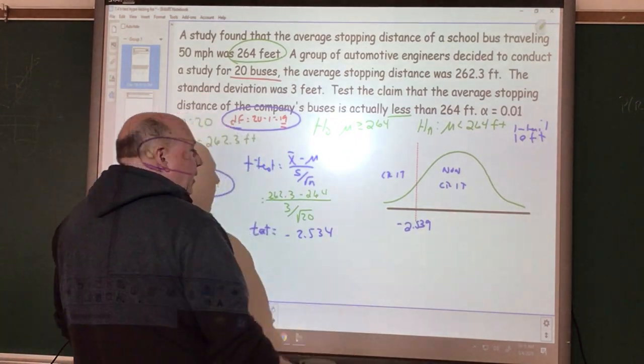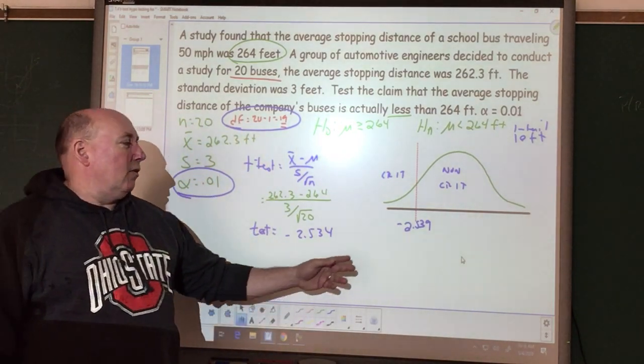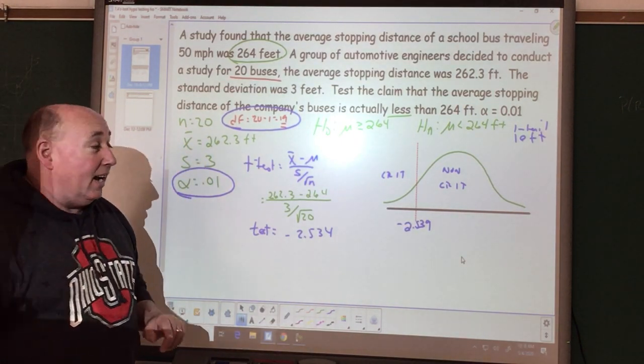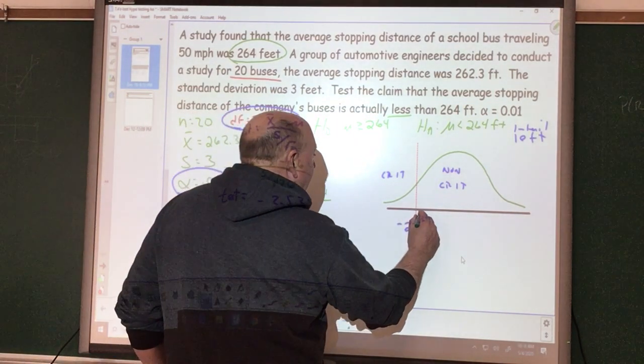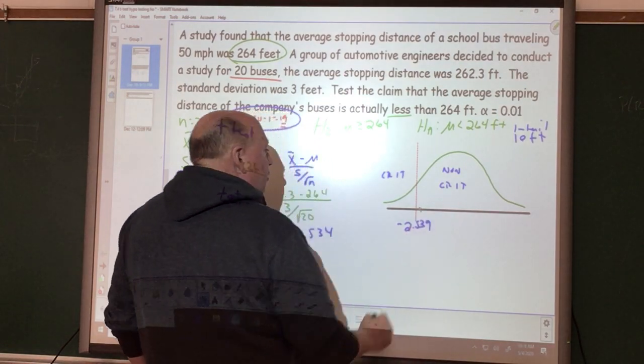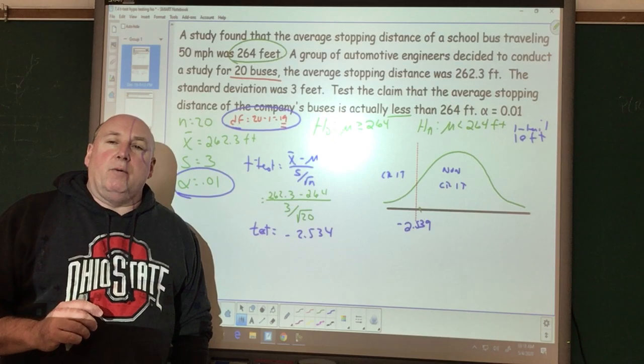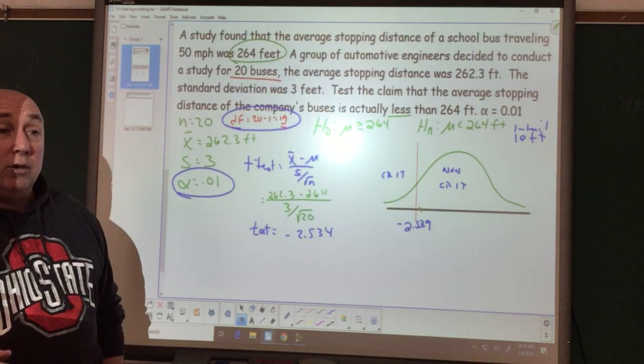Well, if I look at my critical value, it is negative 2.539. So my value is right there, real close to my critical value. But I'm still in the non-critical region.